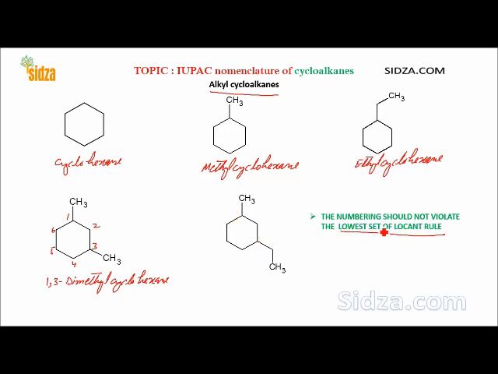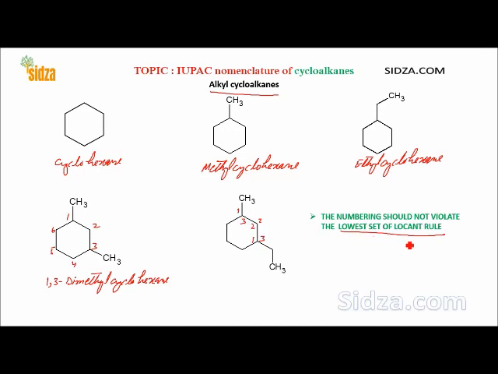lowest set of locants. It means if I do the numbering 1 here, this is number 2, then this is number 3, then here it will be 3-ethyl and 1-methyl. But there is one more option. If I give this carbon as number 1, this will be number 2 and this is number 3. The set of locants in both cases is 1 and 3, right? In the first one it is 1 and 3, in the second one it is also 1 and 3.